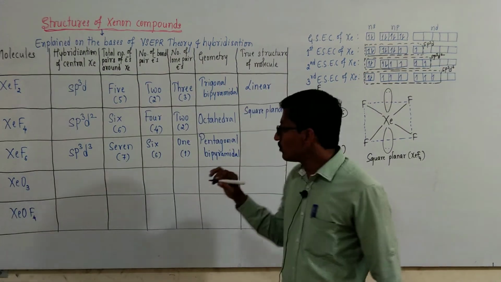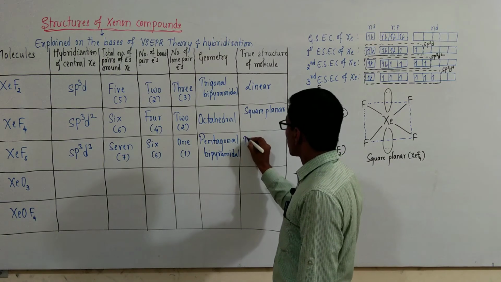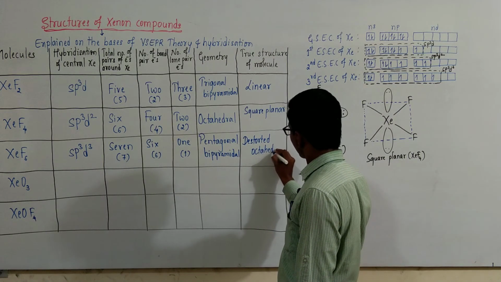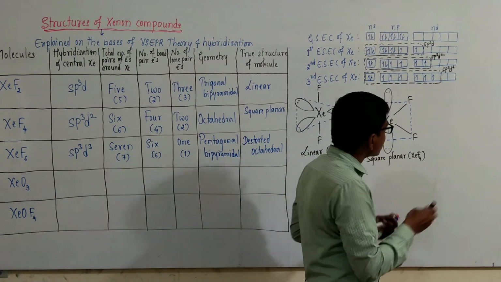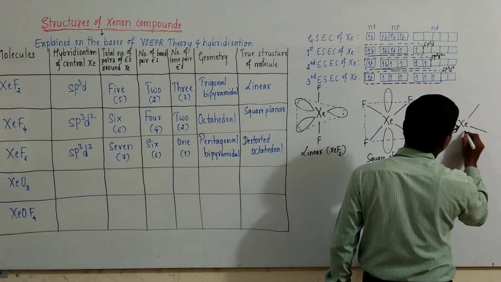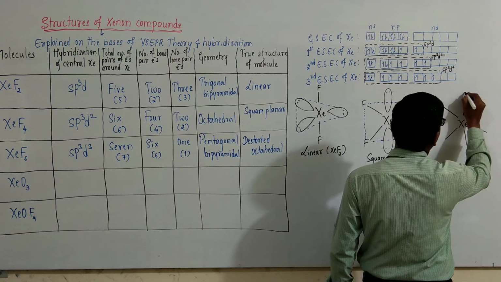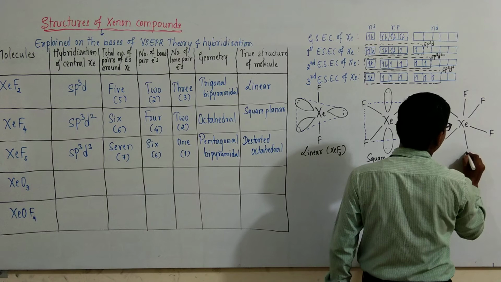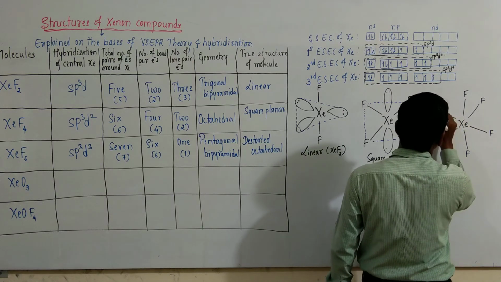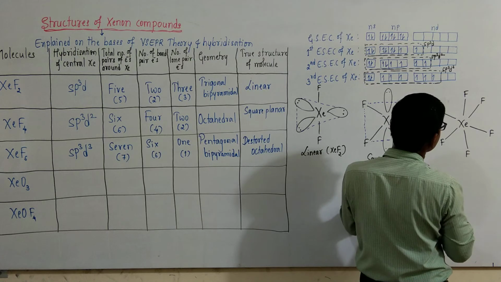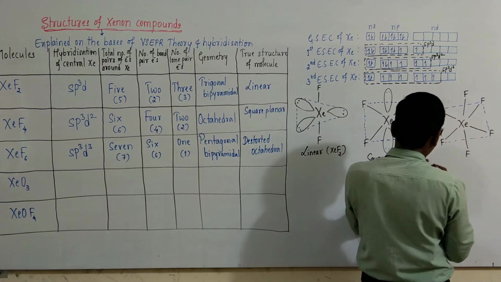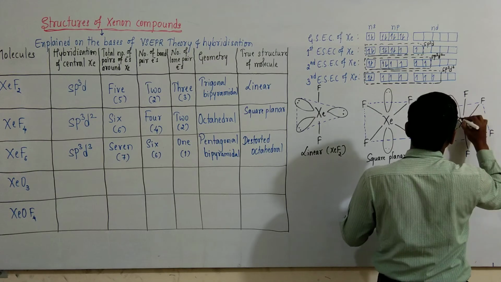But due to the presence of one lone pair, its structure is distorted octahedral, and the true structure of this is Xe F, distorted octahedral due to one lone pair.